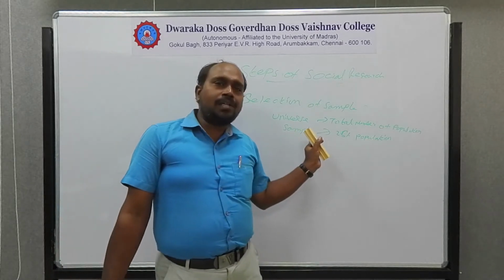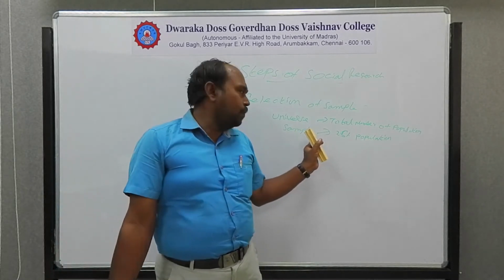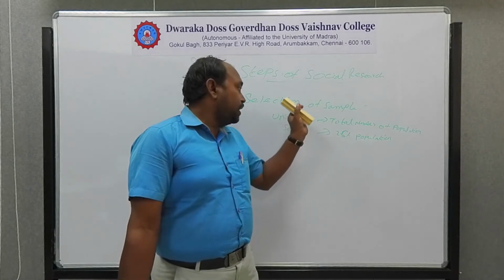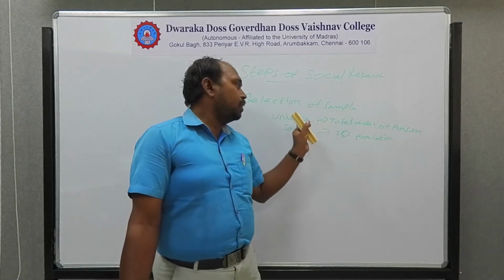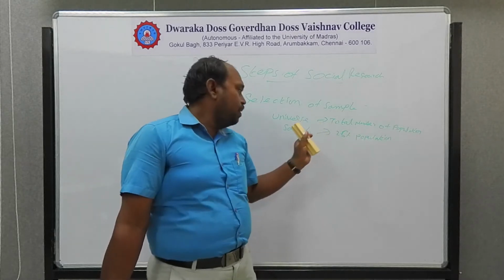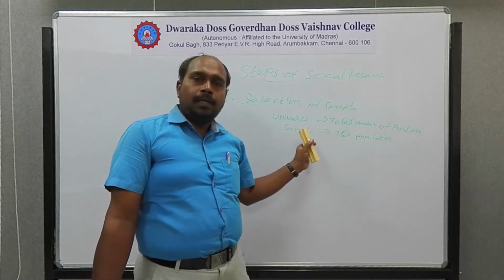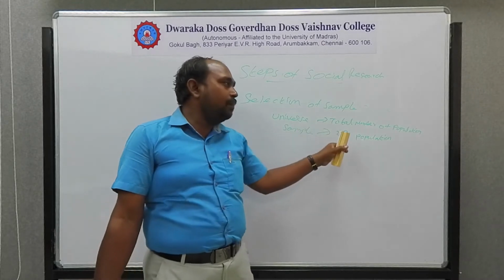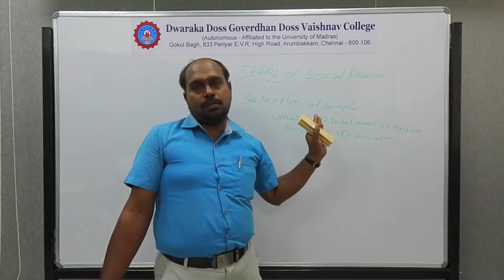Due to the time constraint and economic point of view, we cannot study the total number of population in a study area. So we will go for sample. Sample will represent the whole universe.